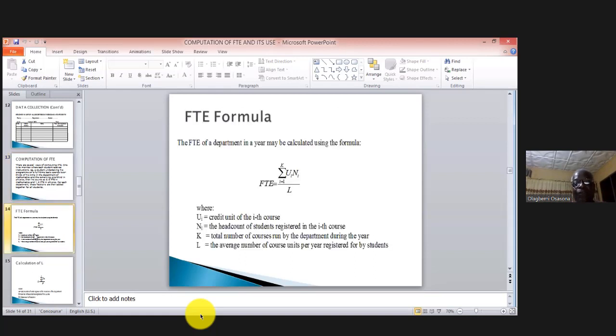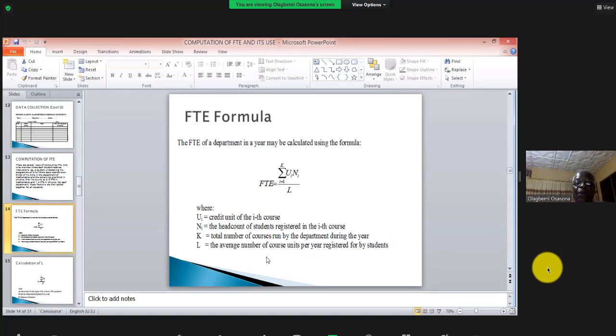And that effective way is to use the formula on the slide. And this is very useful. You use the number of units multiplied by the number of students that are registered for that course, and divide it by L, where L is the average number of units registered for by the student in the year.